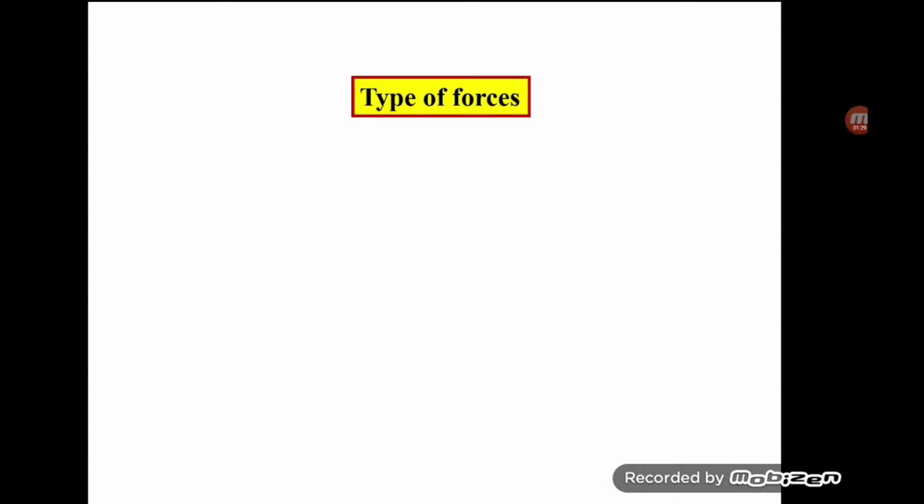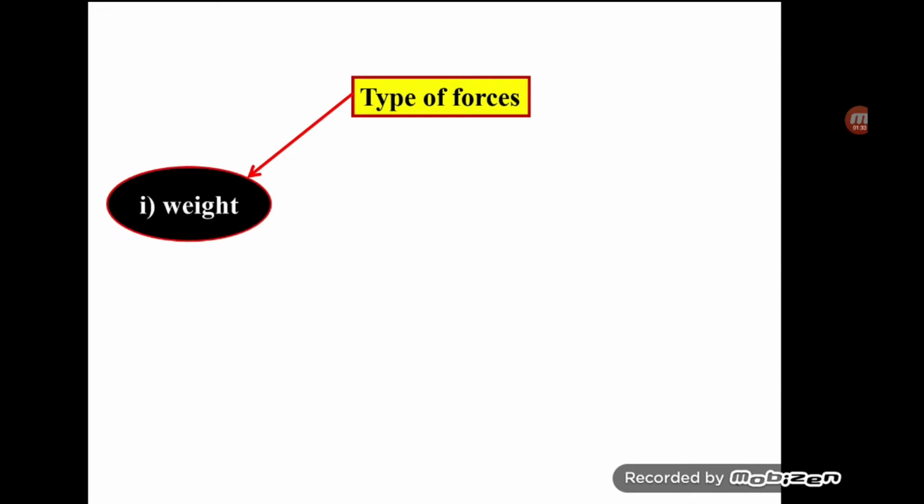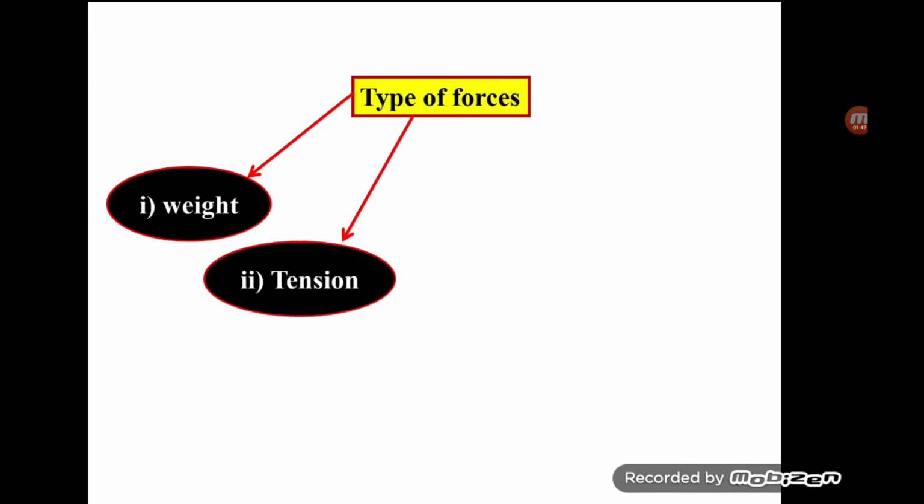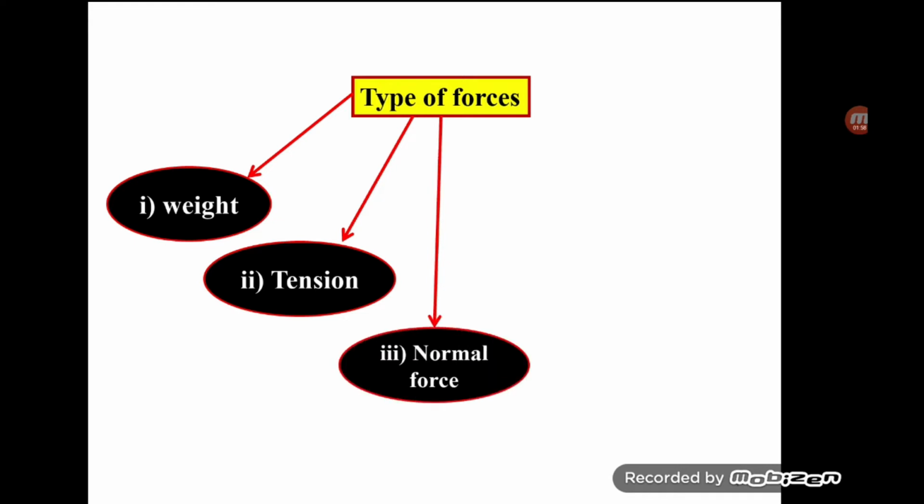Types of forces. First, we have weight. Every object that has mass will experience weight. Second, tension. Every tied object by a rope or cord will experience tension. Normal force.